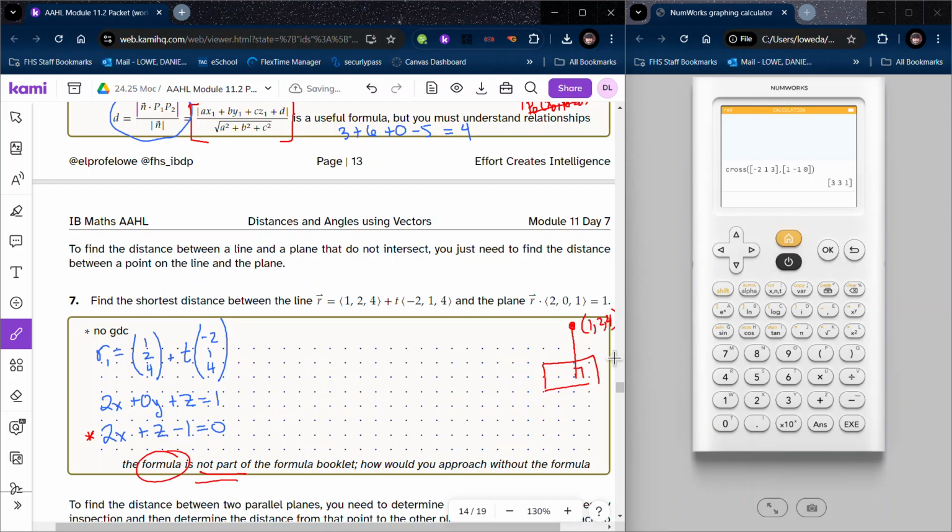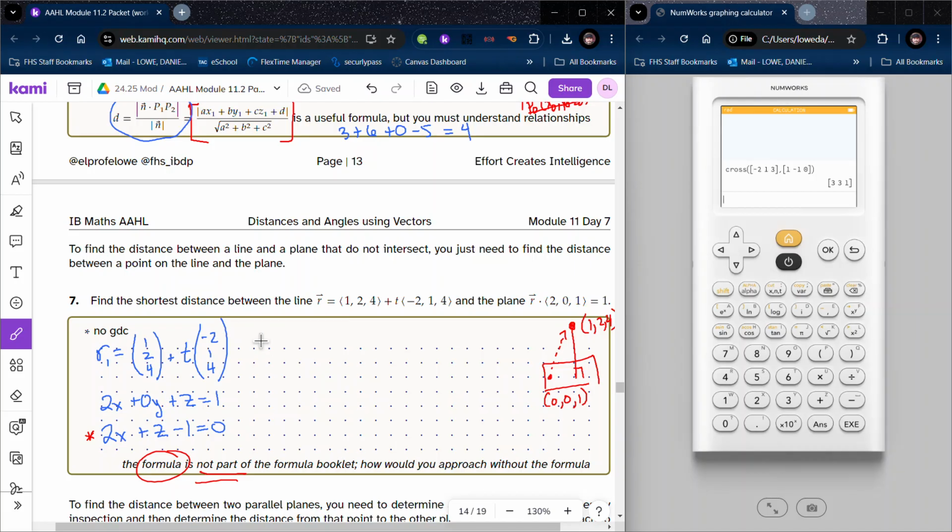And I have some general point somewhere in the plane, and I could just figure out any point in the plane that satisfies this equation, such as the point 0, 0, 1. The point 0, 0, 1 would satisfy that.